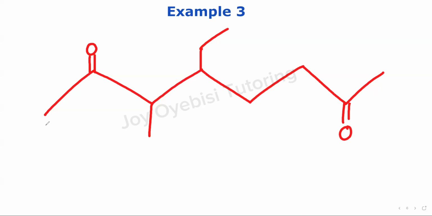And in that case, you need to count from the side that will give the branch a lower number, since the 2 ketones are on the same position regardless of where you count from. So you can shift your priority to the branches this time. Now, if I count from this side, the branch will have a higher number. So you need to count from the left instead. So 1, 2, 3, 4, 5, 6, 7, 8.